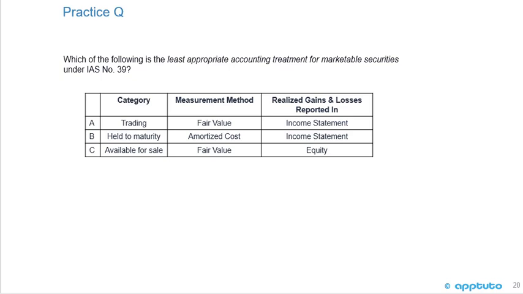B, held to maturity category, measurement method amortized cost, realized gains and losses reported in the income statement. And finally C, category C, is available for sale, measurement method is fair value, and the realized gains and losses reported in equity. So again, the question is, which of the following is the least appropriate accounting treatment for marketable securities?